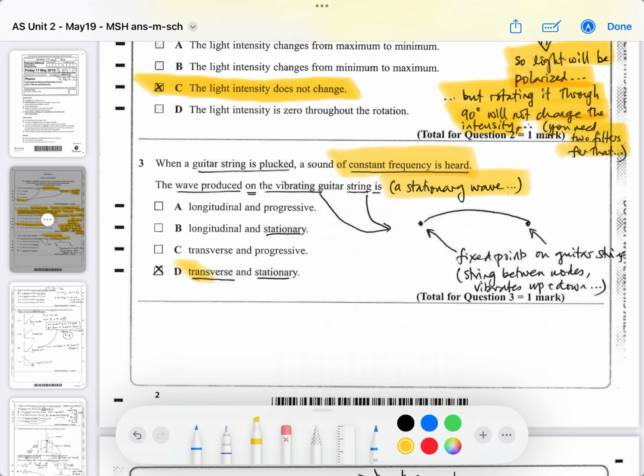It's transverse, yeah, up and down motion, and is stationary. It's because it has two fixed points at the ends, and they're called nodes, yeah, and the string between the nodes vibrates up and down in phase, okay, and that's the first harmonic that it produces, okay.